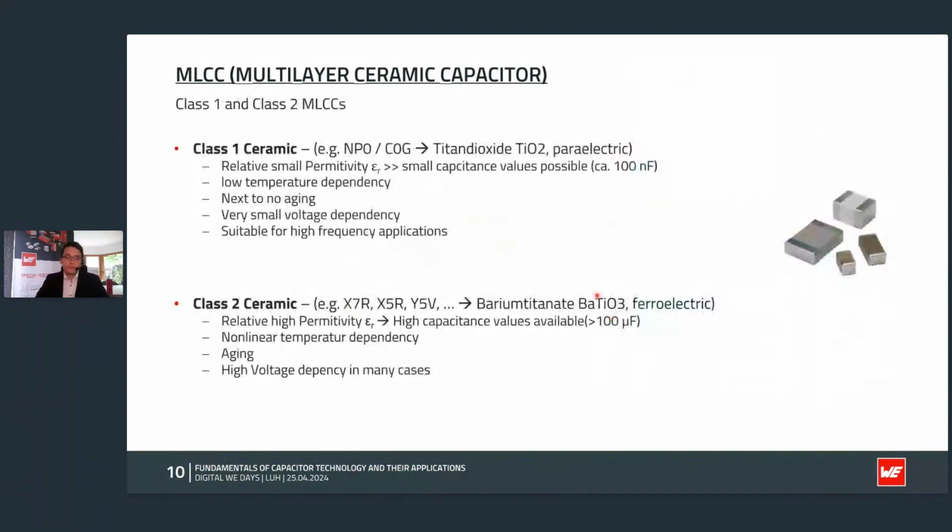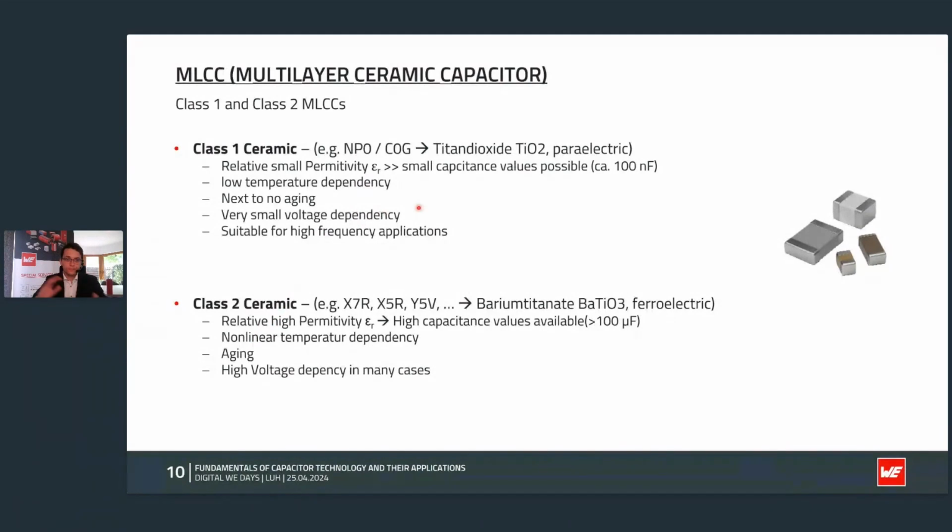So if we talk about class 1 and class 2 ceramics, I already mentioned it's very important to distinguish between class 1 and class 2. Class 1 is, for example, NP0 or C0G in the US, which is a paraelectric material. The disadvantage of this type is that the epsilon r is fairly small in comparison to class 2, but the big advantage is that you have a low temperature dependency and next to no aging.